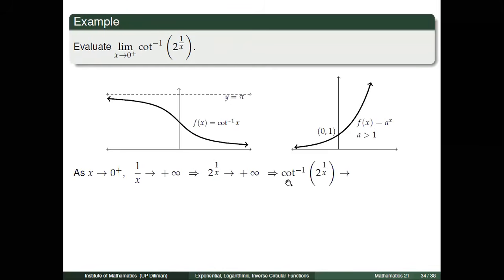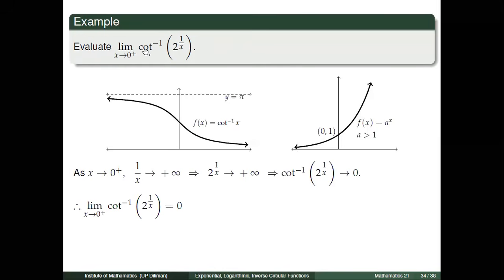What can we say then about the inverse cotangent of 2 to the 1 over x? Well, since the expression inside approaches positive infinity, and based on the graph of the inverse cotangent, this approaches 0. Remember, the equation of the x-axis is y equals 0. Therefore, the limit of the inverse cotangent of 2 to the 1 over x as x approaches 0 from the right is 0.